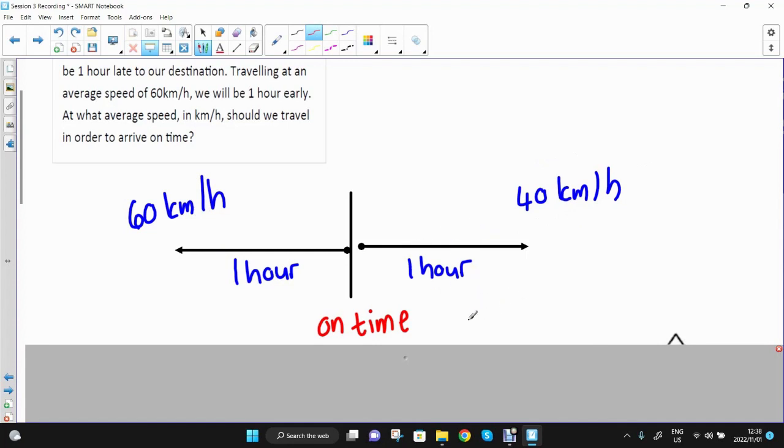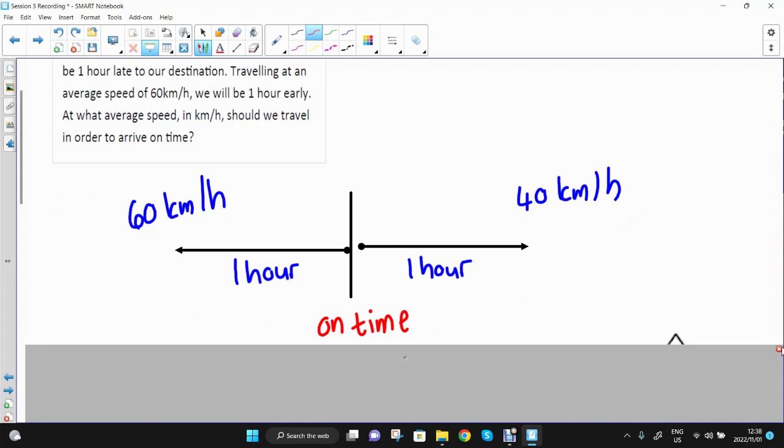Now, what you want to do is write down an expression for the distance traveled to be on time. But you want to write it in 2 different ways, because remember, your 2 distances, if you want to be on time, are going to be exactly the same distance.